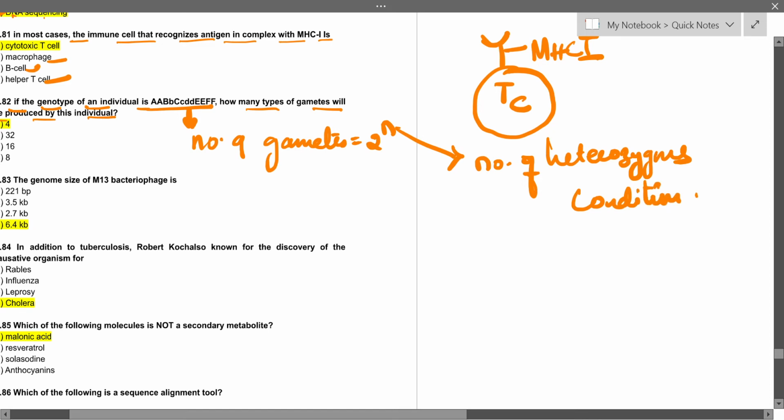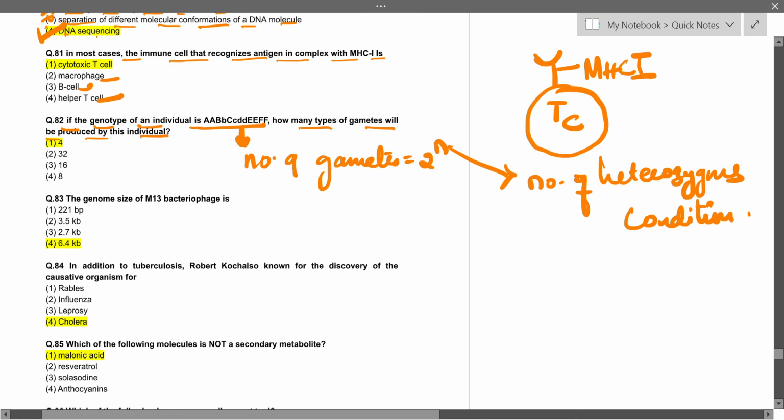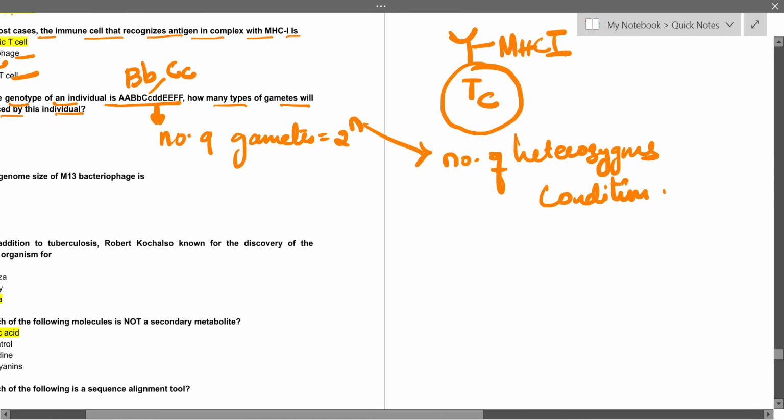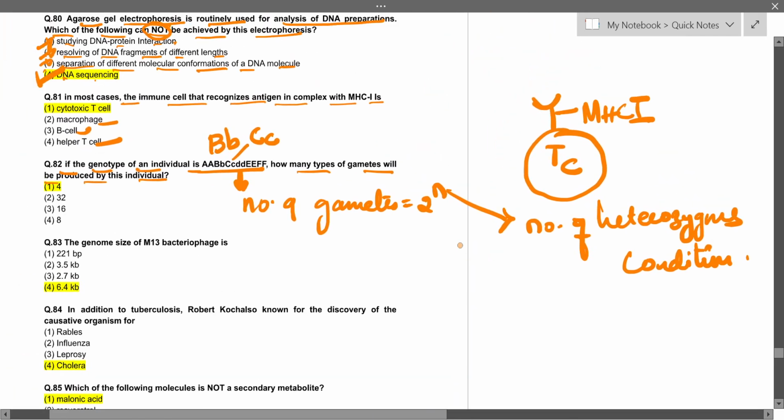So here let's see how many heterozygous conditions are there. Here we see capital B, small b, capital C, small c. Here we have only two heterozygotes. So we write 2 to the power 2, which will be equal to 4. So the correct option is 4 here.